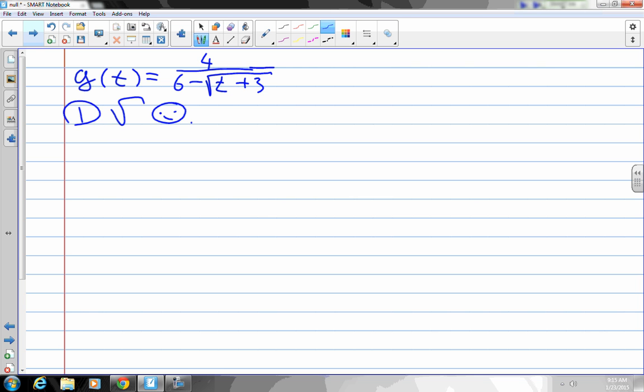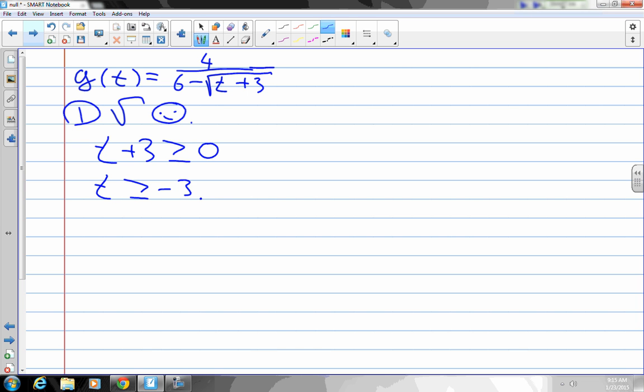So I'm going to take the radicand, set it greater than or equal to 0, and solve that. So t plus 3 has to be greater than or equal to 0, right? So that means t is greater than or equal to negative 3. So boom, we restricted the domain already.